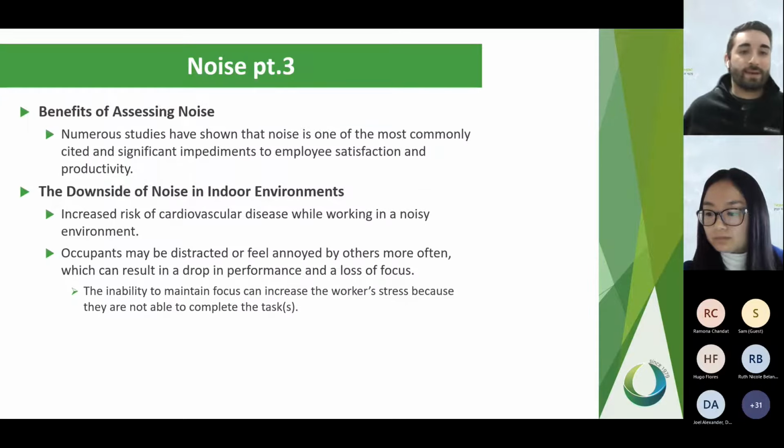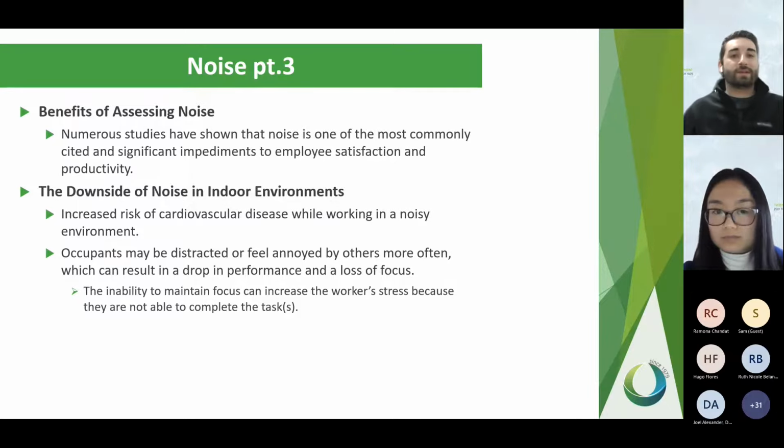And then the benefits of assessing noise. Like I mentioned before, a lot of people complain about noise, and numerous studies have shown that noise is one of the most commonly cited and significant impediments in employee satisfaction and productivity.